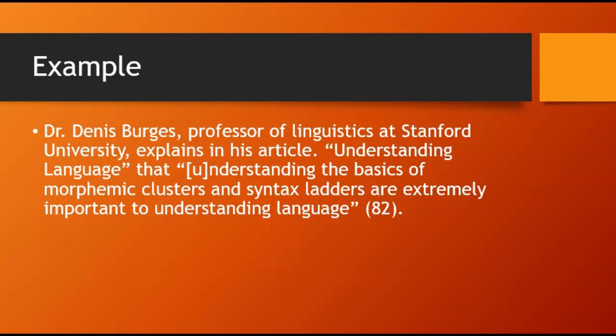This tag shows us that our source's author is an expert in his field and thus trustworthy. The parenthetical citation shows that the cited section is from the following page of the text. Here in the parenthetical citation, you can also add the author's last name or the title of the article.